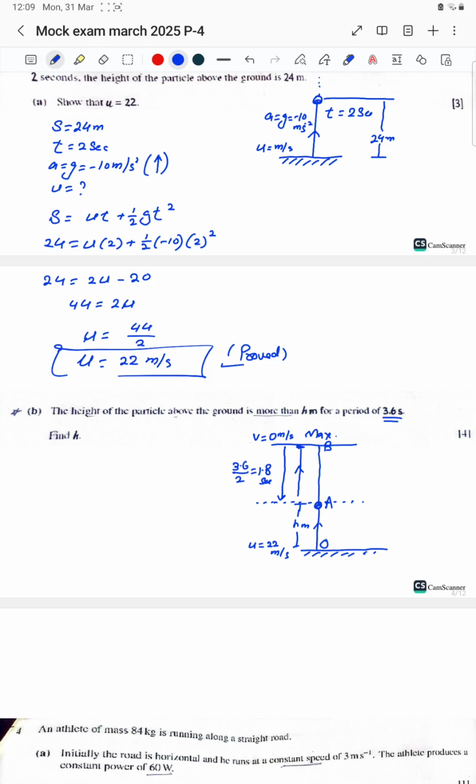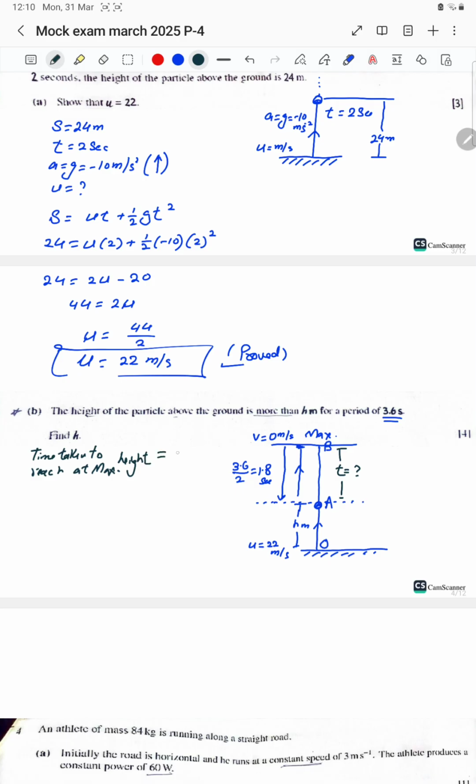Okay, so now first we have to find the time taken to reach the maximum height. How much time will it take here? So first we will calculate the time taken to reach the maximum height.